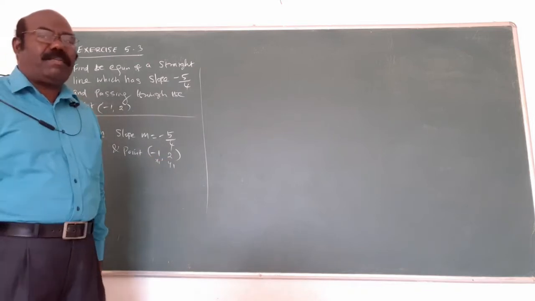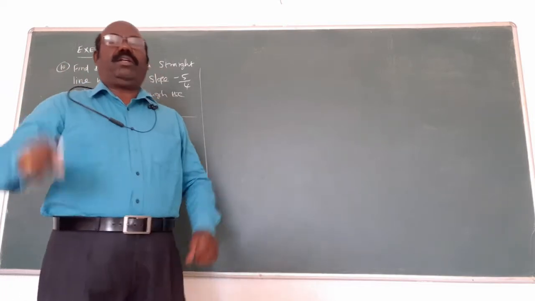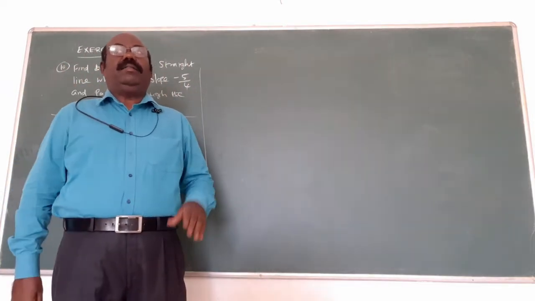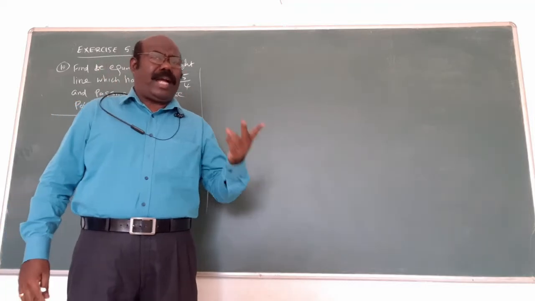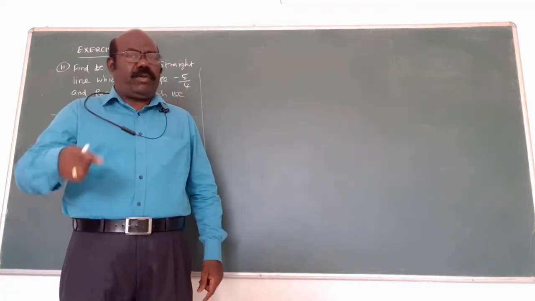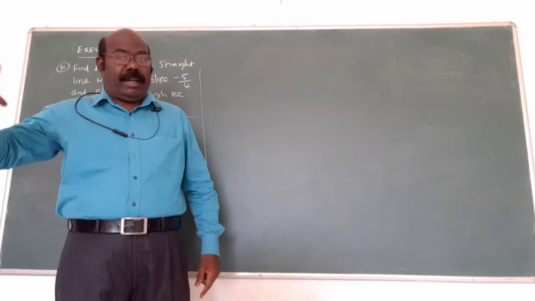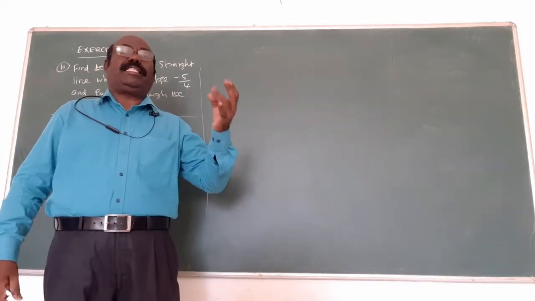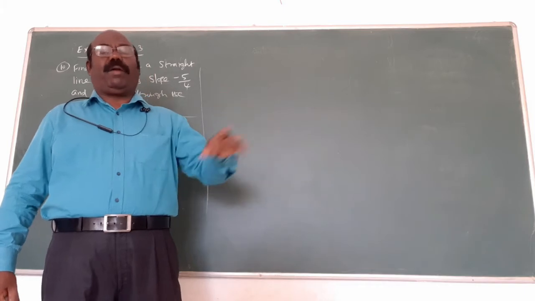We have the formula. What is the formula? y minus y1 equals m into (x minus x1). Already, when 2 points are given, the formula is (y minus y1) divided by (y2 minus y1) equals (x minus x1) divided by (x2 minus x1). When the slope and the intercept are given, y equals mx plus c is the formula.